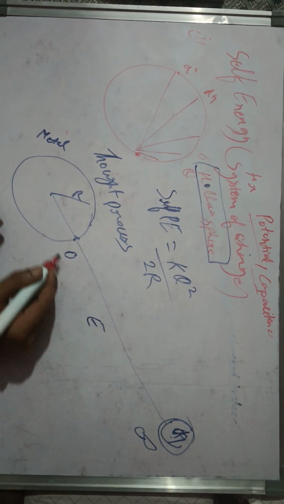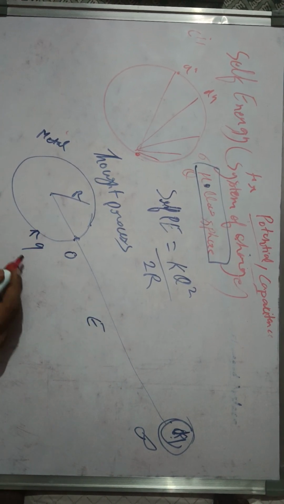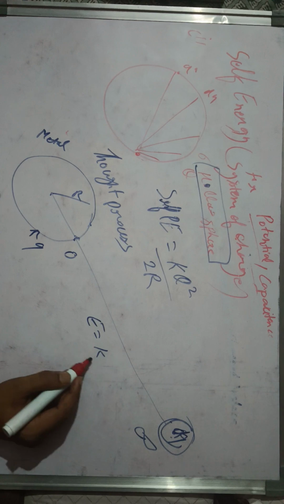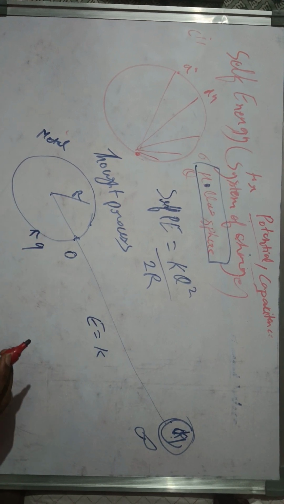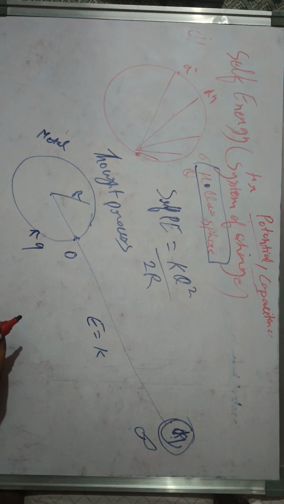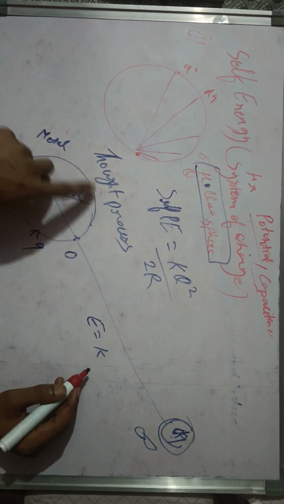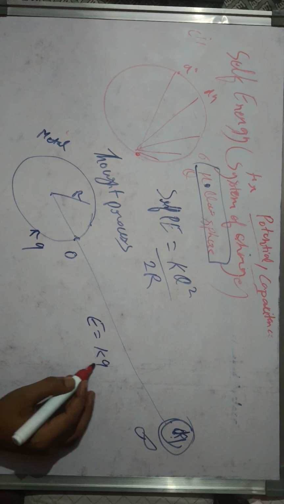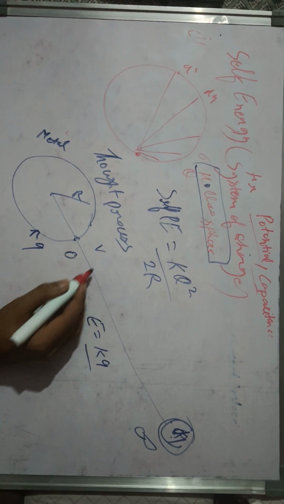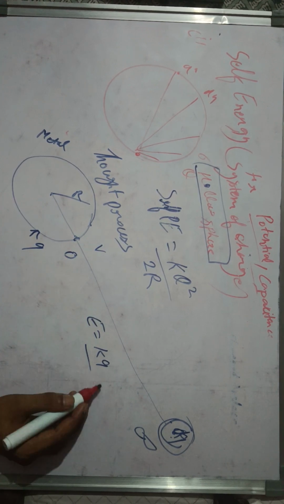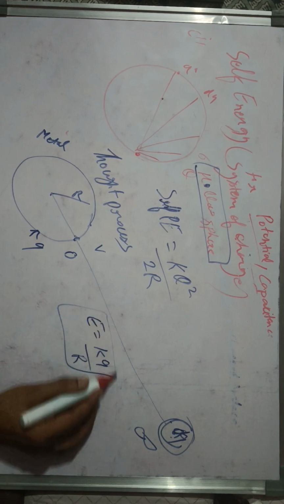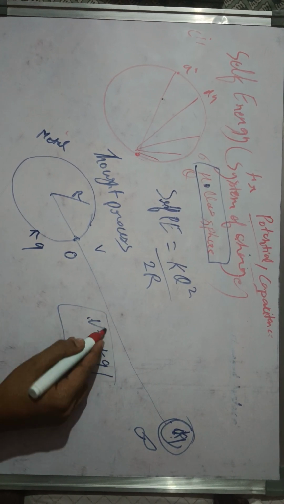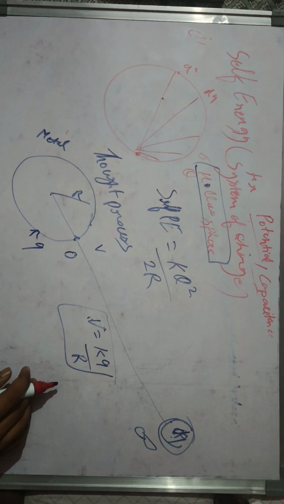We know that when the charge on this body is q, then the potential at its surface is V equal to kq by r. This is the potential at this surface when there is charge q.